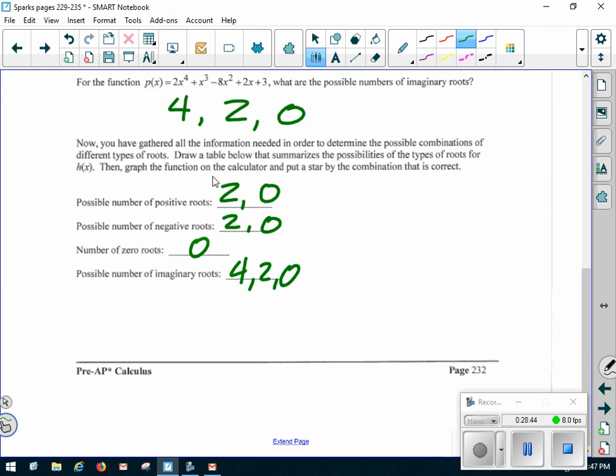Now, I'm going to show you what I'm talking about with the table. Positive, negative, 0, and imaginary.